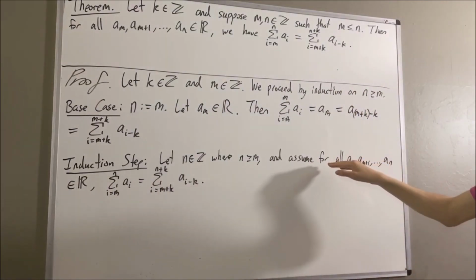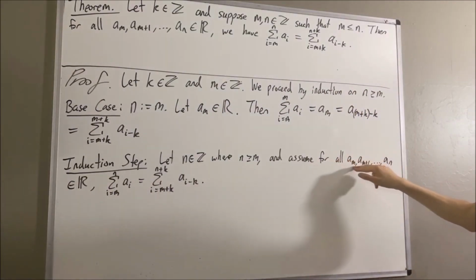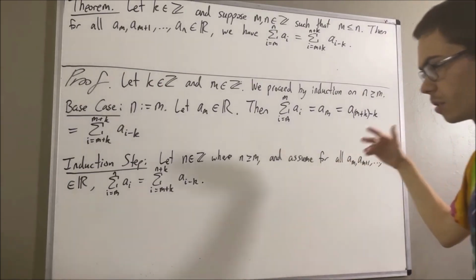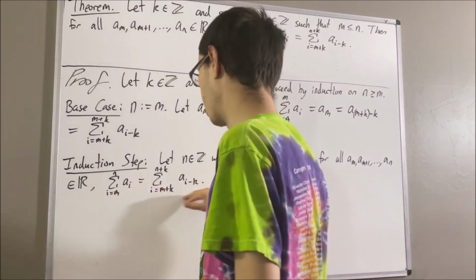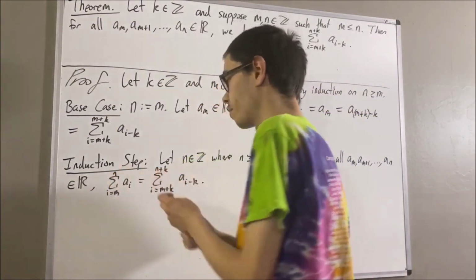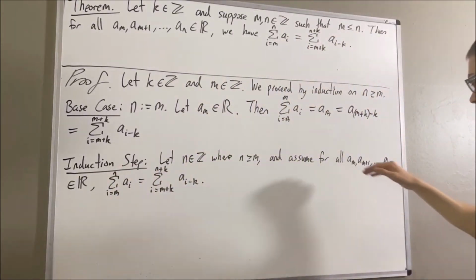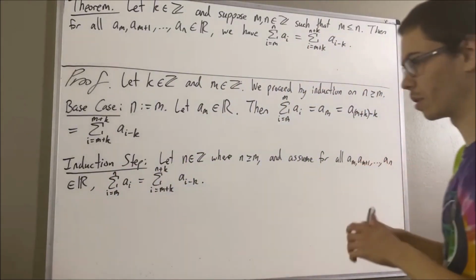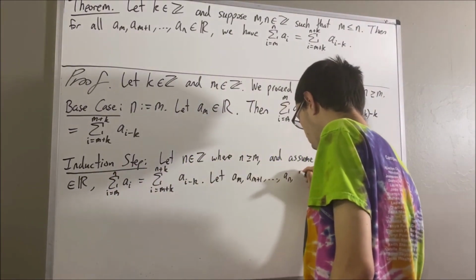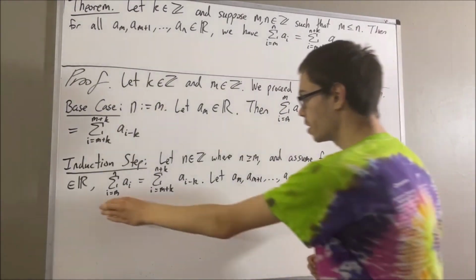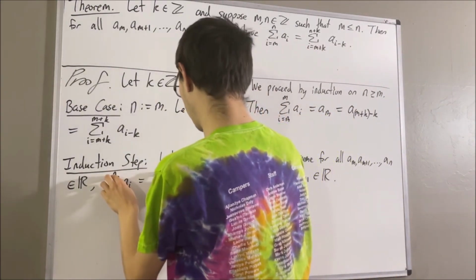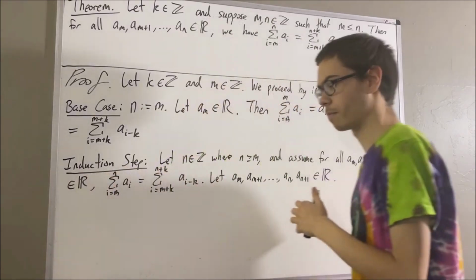So really, we're trying to prove that for all lists of real numbers a_m through a_(n plus 1), we have that this is true where instead of n, we have n plus 1. So give me an arbitrary list of real numbers from a_m to a_(n plus 1). And our whole goal is to show that this is true where instead of n, we have n plus 1.